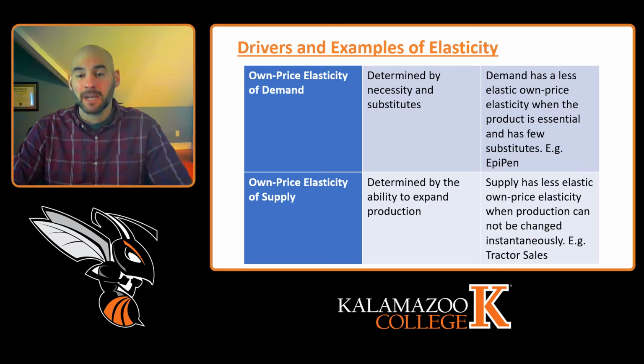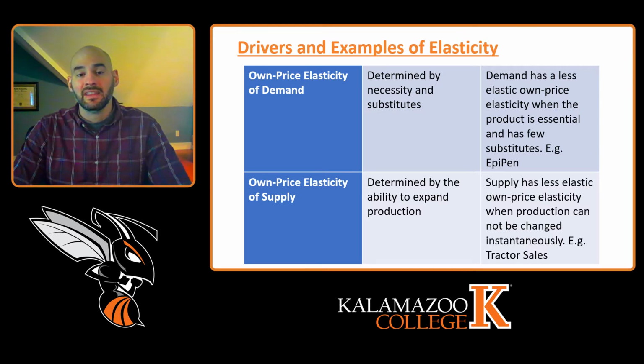There are very few substitutes, and not having one would be a life or death situation if you were faced with an allergic reaction. So we would think that a change in price would bring about a relatively small change in quantity, which would make it less elastic or more inelastic, as we'll see on the next couple slides.